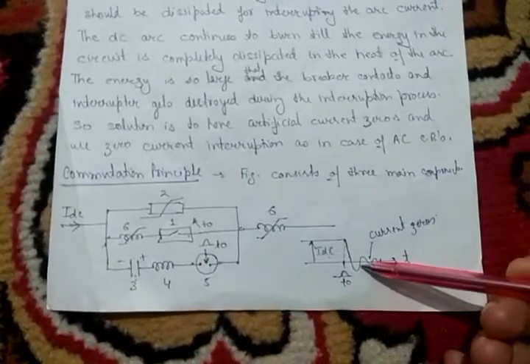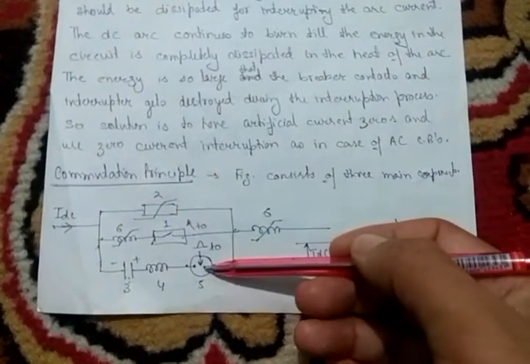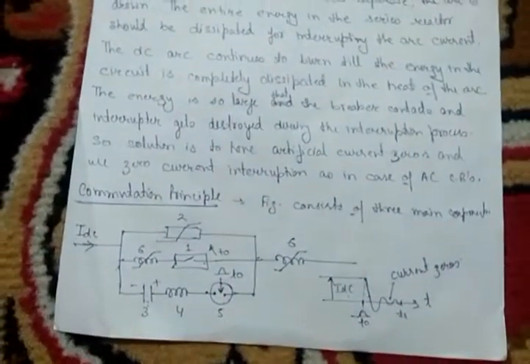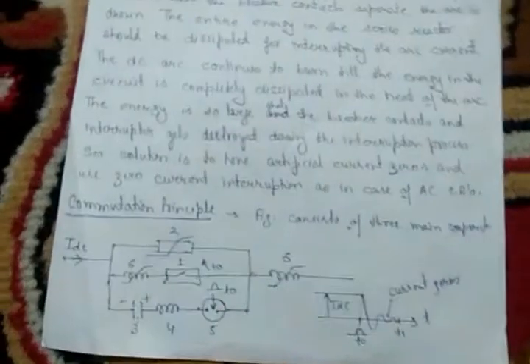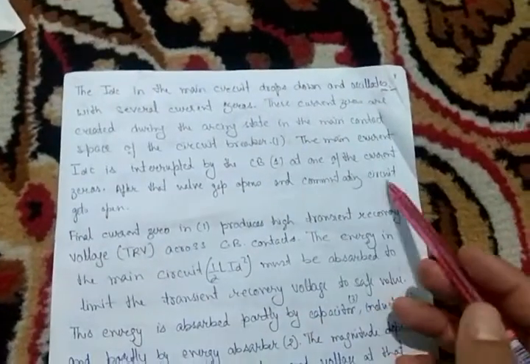After that, the vacuum gap opens again, and the commutating circuit gets open, so no current will flow through it now.